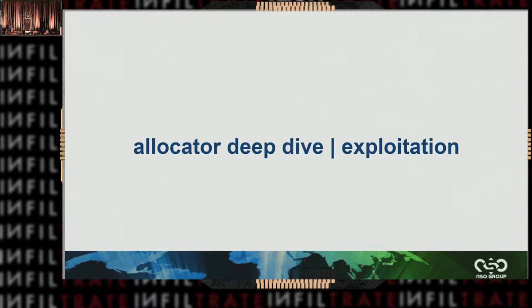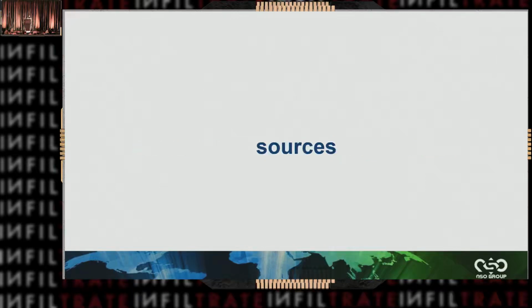Let's talk about what we're going to talk about today. What we're going to do is a deep dive into the two libc allocators that are used on Android. And then we'll follow that up with some thoughts on exploitation and how you exploit heap buffer overflows, use after frees, etc. on those various allocators.